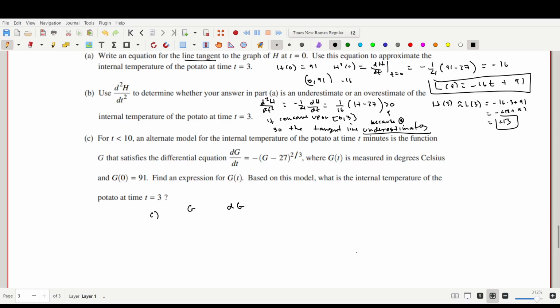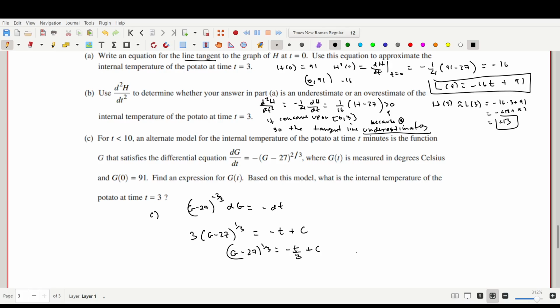So I'll do (g minus 27) to the negative 2/3 dg is negative dt. And now you integrate both sides. This one, you just got to use your power rule. It's 3 times (g minus 27) to the 1/3 equals negative t plus c. And I solve. (G minus 27) to the 1/3 is negative t over 3 plus c.